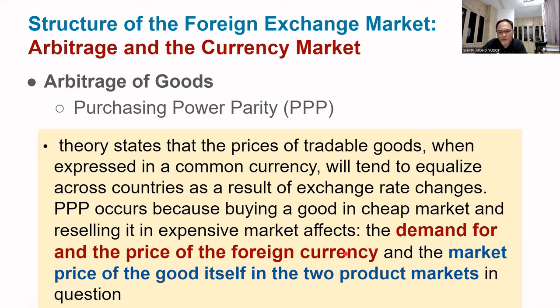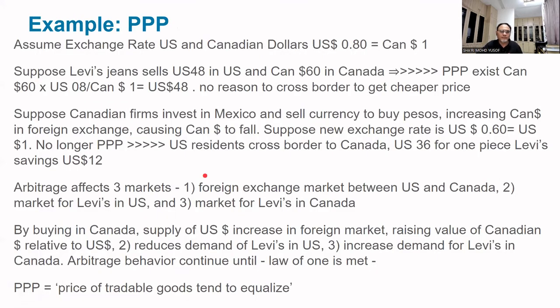So you have the money market, and you have the product markets in question. That's why you have this purchasing power parity. The book gives a very simple, clear example.